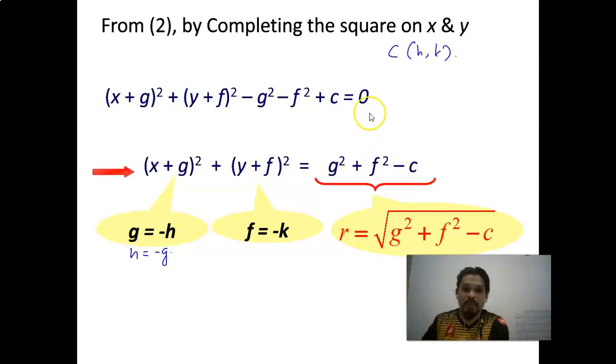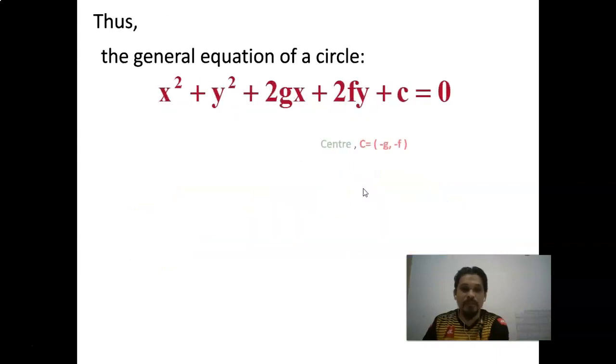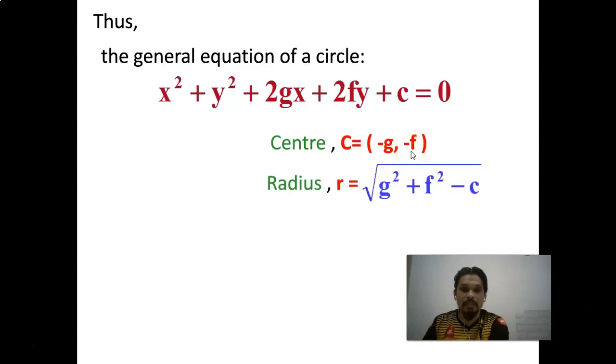Okay, so I'll explain it in short, because I will give you a clear picture of this using an example. Thus, the general equation of a circle given here has center equal to negative g and negative f, and the radius equal to the square root of g squared plus f squared minus c.